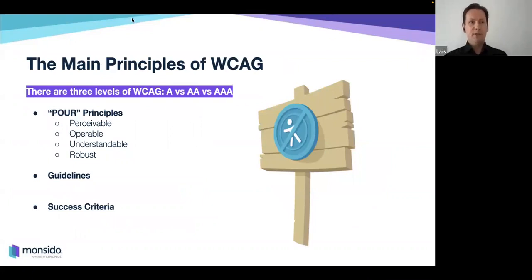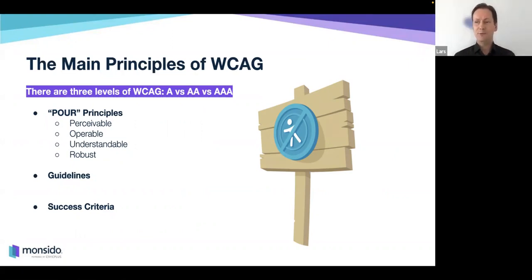So I'm going to talk a little bit about the structure and the main principles of WCAG. Regardless of if we are talking about version 2.0.1 or 2.2, we can slice it in two different ways.